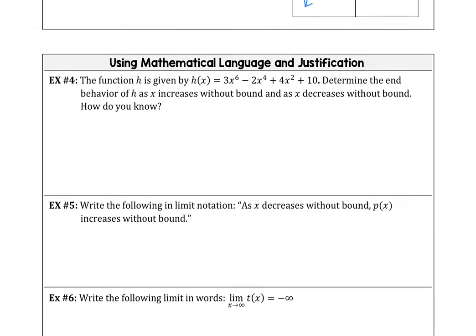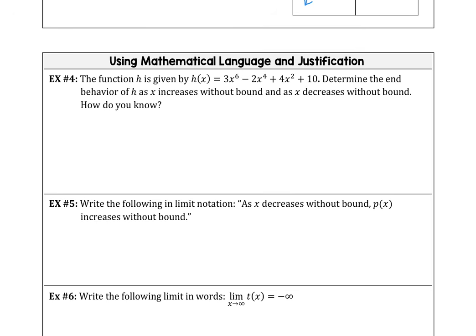Example 4, we want to use mathematical language and justify some more. The function h of x is given by this 6th degree polynomial. So the power is even and the leading coefficient is positive. Determine the end behavior as x increases without bound and as x decreases without bound. So we want to write this down using limit notation so we can show we can use mathematical language. The limit as x approaches infinity, h of x has to go up to positive infinity.